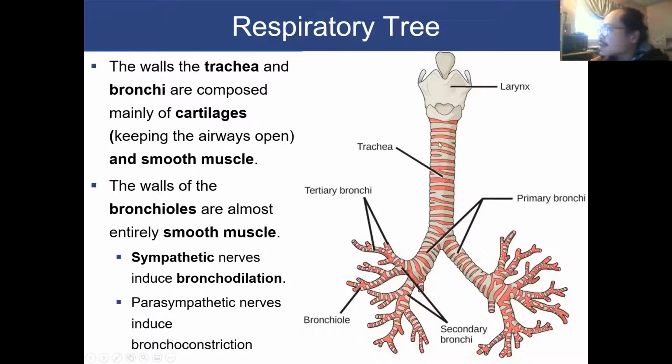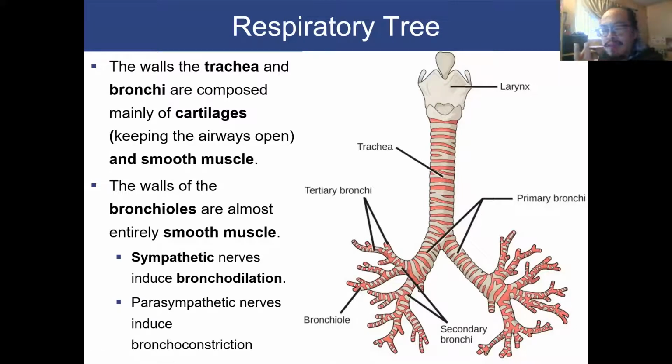And then here is the trachea. The trachea also has cartilage structure as well as smooth muscle. This cartilage structure will keep the airway open, and the smooth muscle can conduct muscle contraction or dilation. It's very much like our blood vessel.